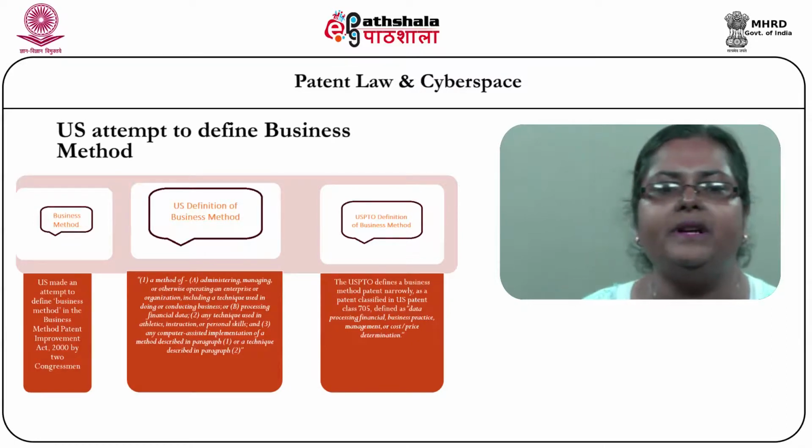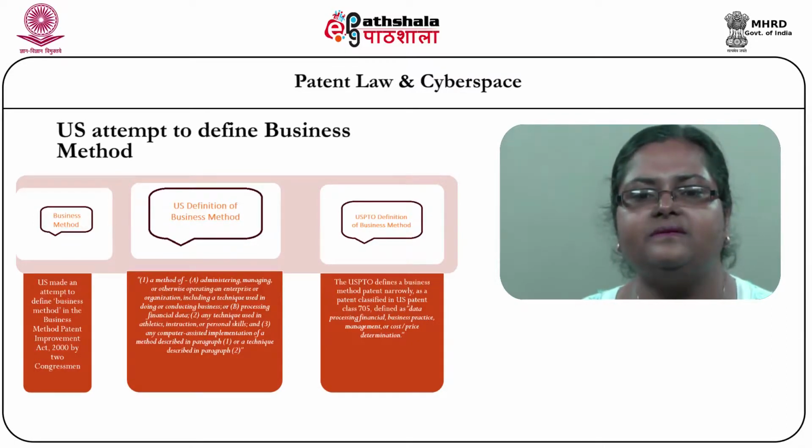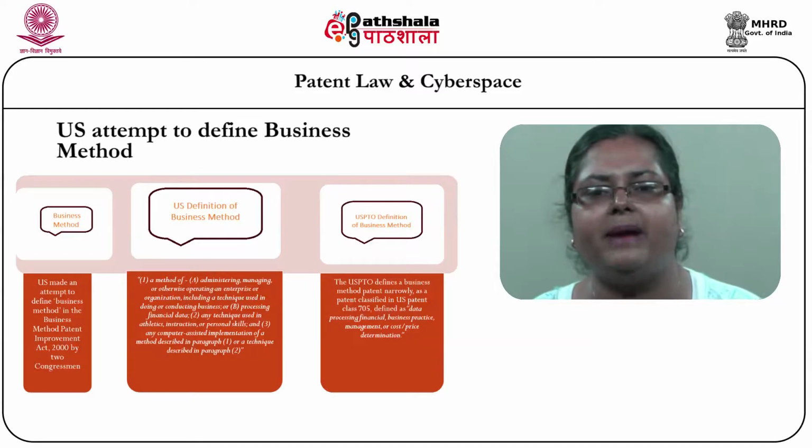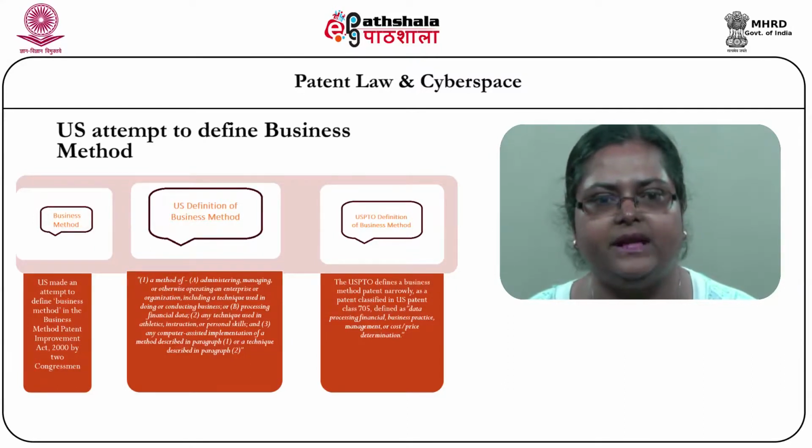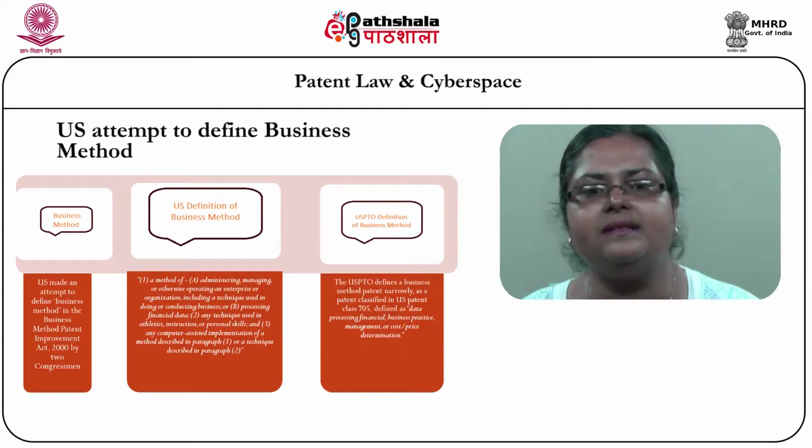Now, the USPTO defines this business method very narrowly as a patent classified in US patent class 705, which is very close to this particular definition: data processing, financial business practice, management or cost or price determination.